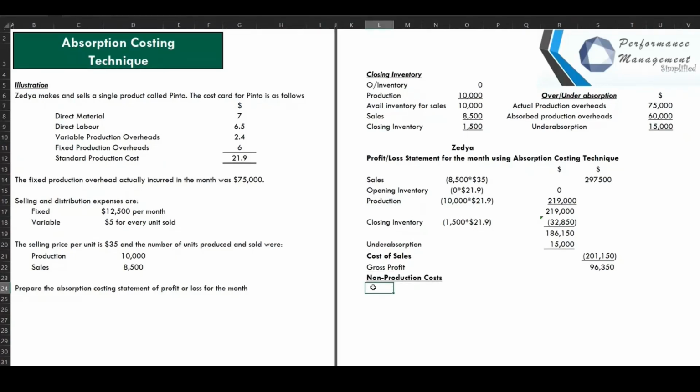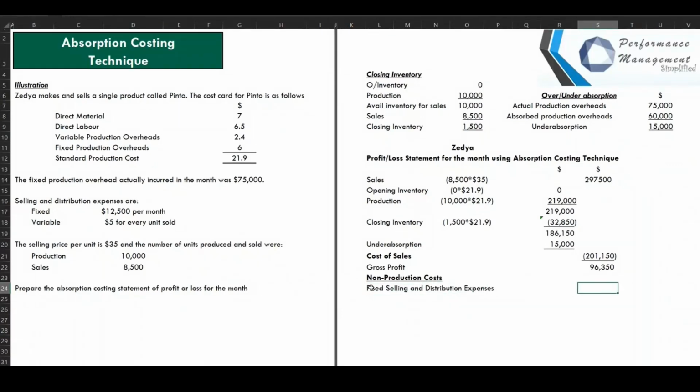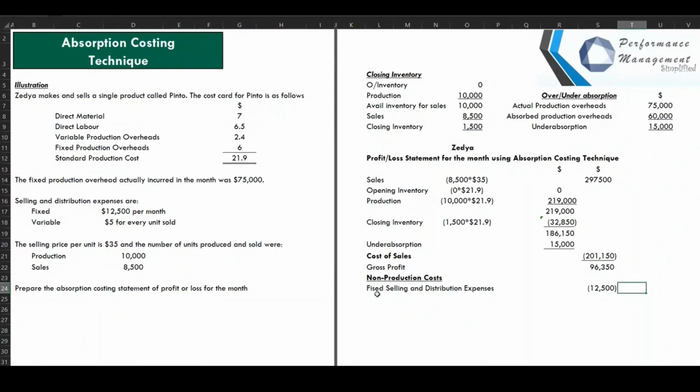Remember, in the question we have just two of them. So the first one we have is the fixed selling and distribution expenses. That is 12,500. I put that in negative since we will be deducting it from the gross profit.